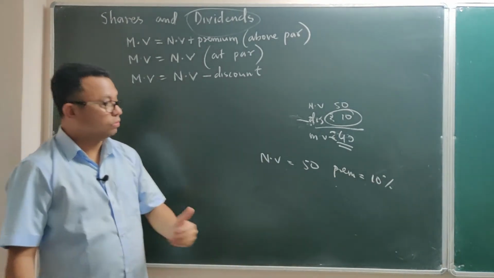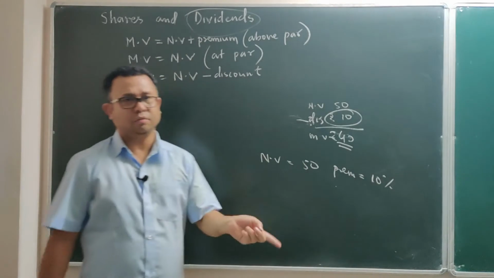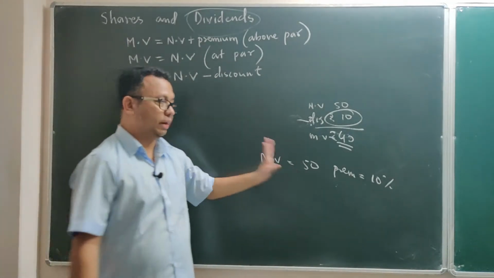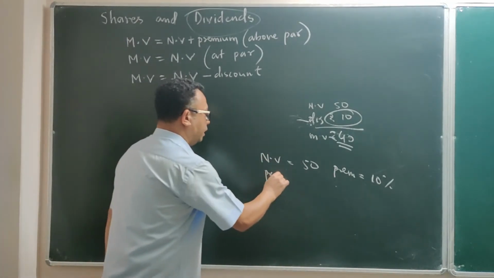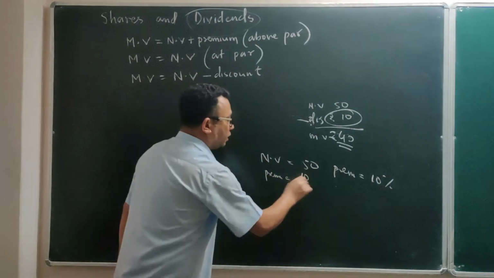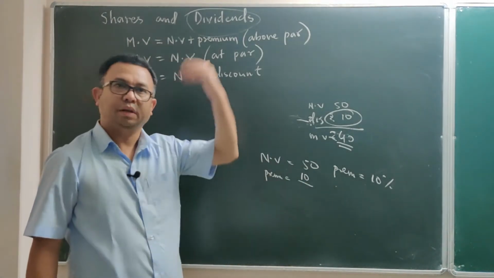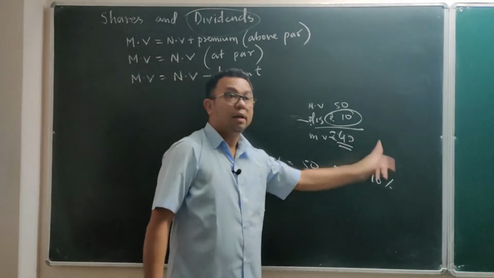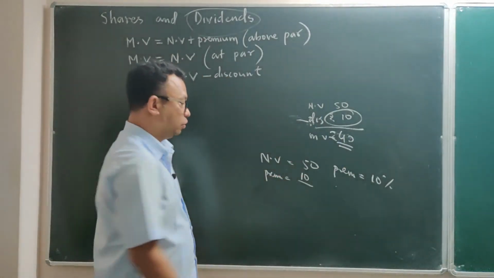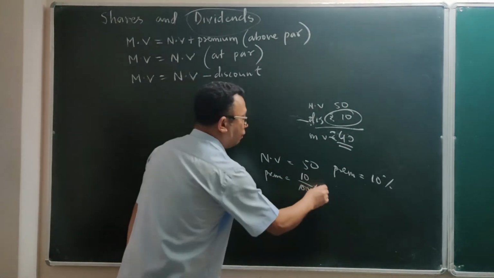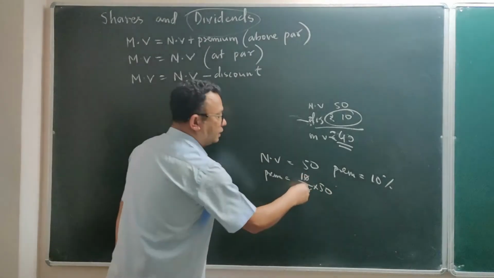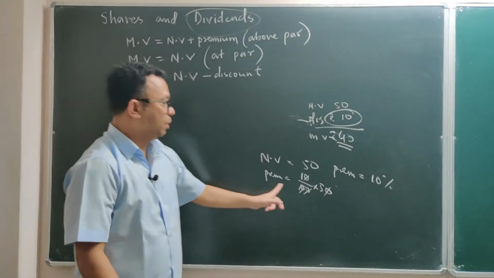If premiums and discounts are given in percentage, first you have to convert them into rupees. Premiums are always that much percentage of the nominal value. So I'll do 10% of 50, which is 5 rupees. That means premium is 5 rupees.